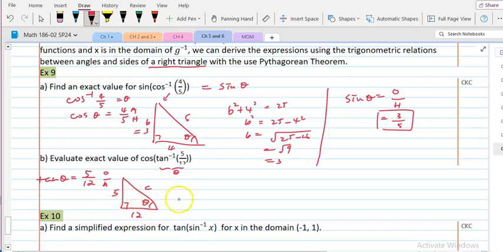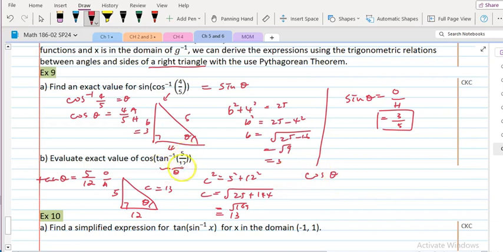So now I don't know C. I need to solve for C. C squared is equal to 5 squared plus 12 squared. C would equal the square root of 25 plus 144, equal to the square root of 169, equal to 13. Okay, so now I know 13. But the original question is cosine theta, right?